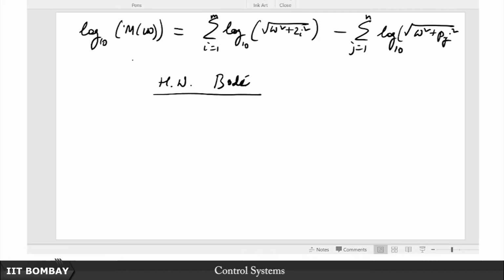So that is the idea behind the Bode plot. These are all, after all, polynomials which can be factored into simpler terms. So why not look at the magnitude functions of those simpler terms and then just add or subtract them? That is the idea. Of course, the price you have to pay is that you have to look at only the log of these, but that is not such a big deal.